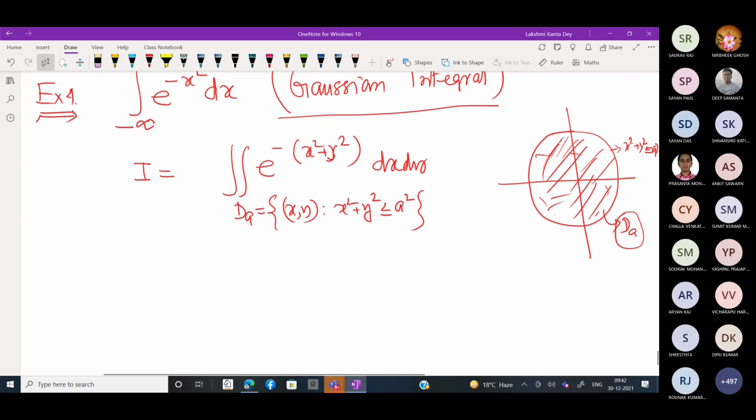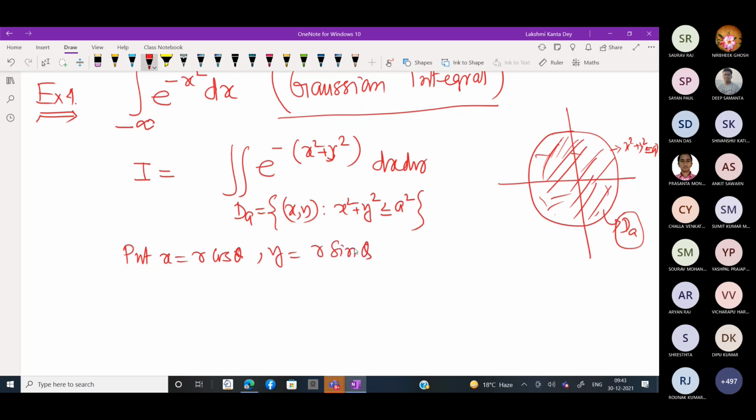So basically the integrand function and the domain of definition suggest that we use a change of coordinates, from Cartesian to the polar coordinate system. So put x equal to r cos theta and y equal to r sin theta.